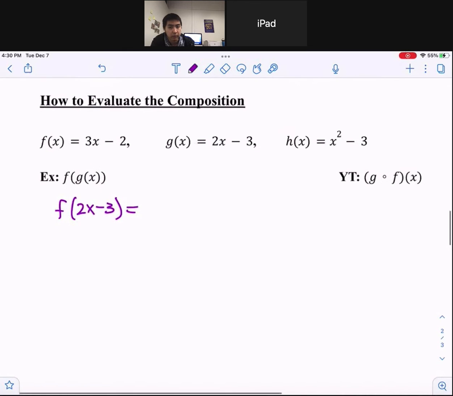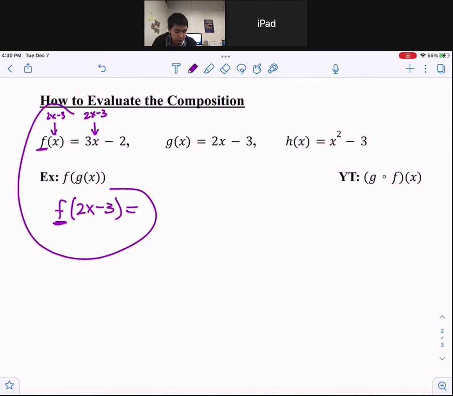Now, with this f of 2x minus 3, everywhere we see an x in this f function, because we're still using the f function, your x value is going to be 2x minus 3. So these are equivalent, you guys. Now let's figure out what this is. 3 coming from here times 2x minus 3, because that's our new x, minus 2.